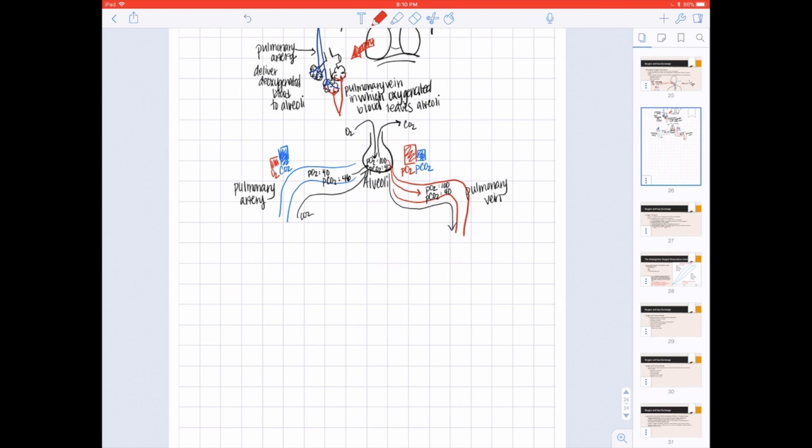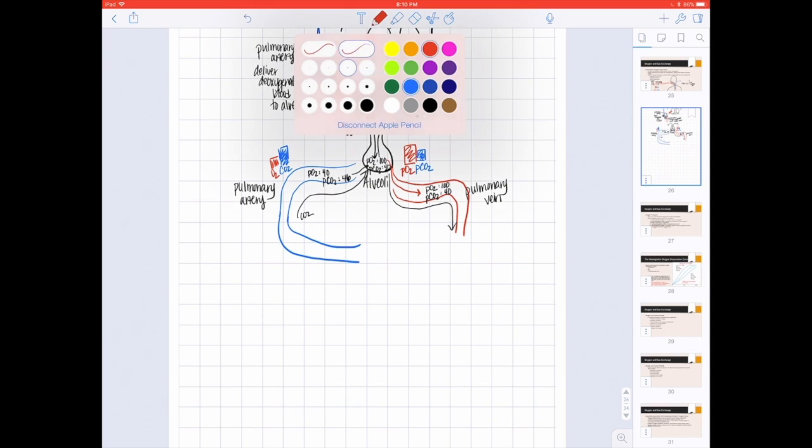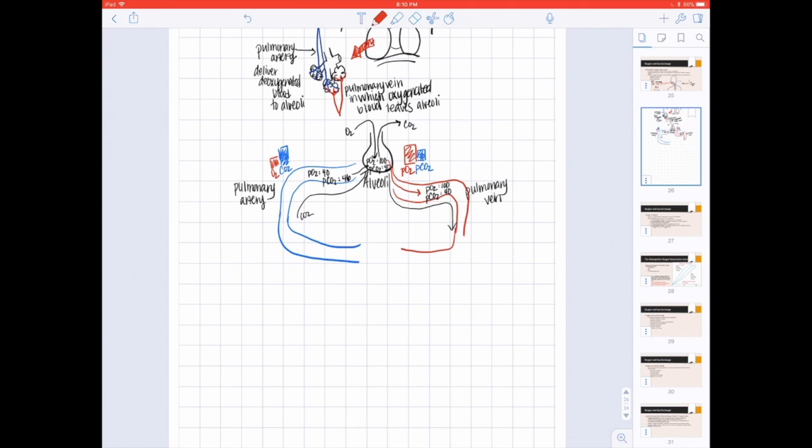Okay, so now what we're going to look at is how this connects to the heart. So I'm just going to make a connection here. We've got the alveoli above, and then here we've got our heart.